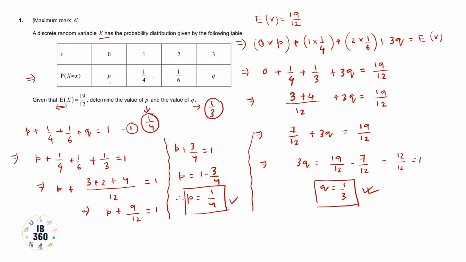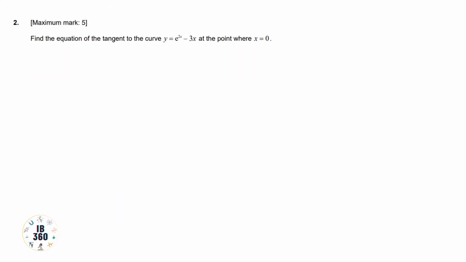Okay, so next we move towards the second question, that is, find the equation of the tangent to the curve y equals e to the power 2x minus 3x at the point where x equals 0. In a previous video we have done this type of problem where we found the gradient, and from there we started to get the solution.